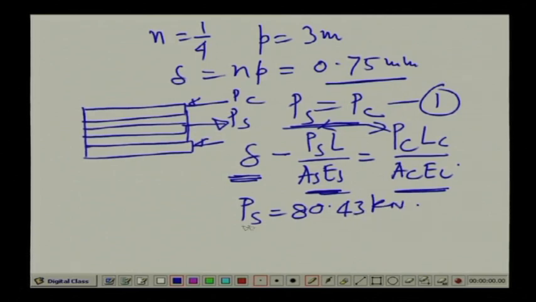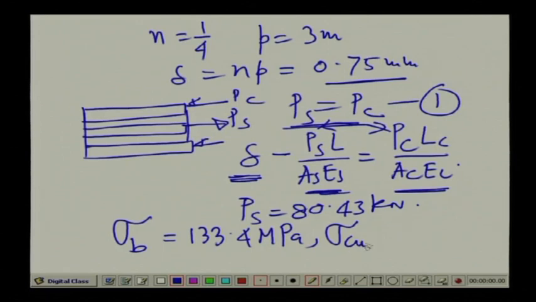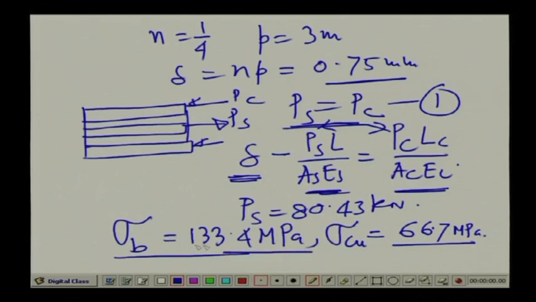So, the stress in the bolt, sigma bolt, equals P s divided by the cross sectional area of the bolt, which is 600 millimeter square, giving 133.4 MPa, and the sigma in the copper sleeve, equal to this force divided by its cross sectional area, comes as 66.7 MPa. So, these are the stresses that will be induced in the bolt and the sleeve.